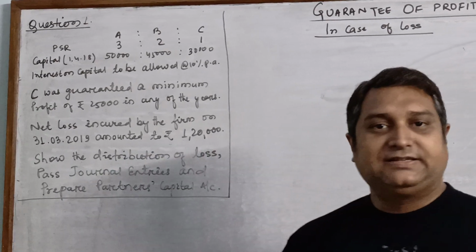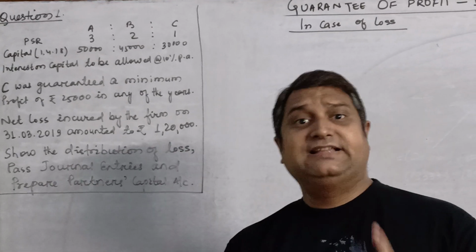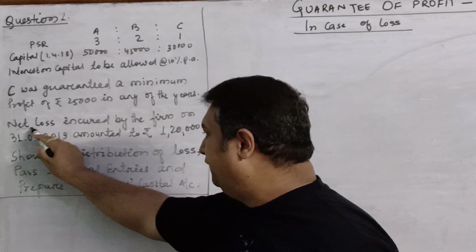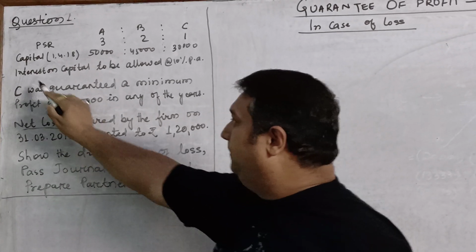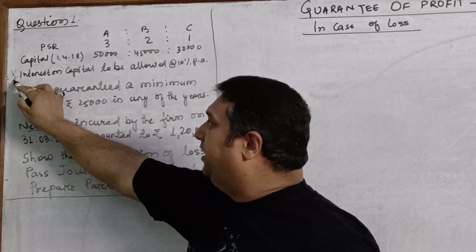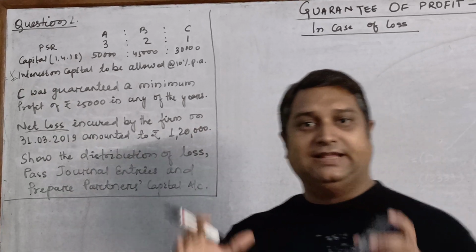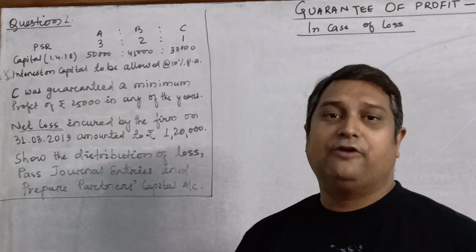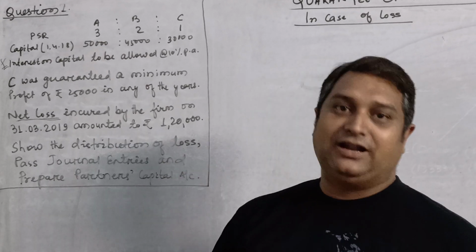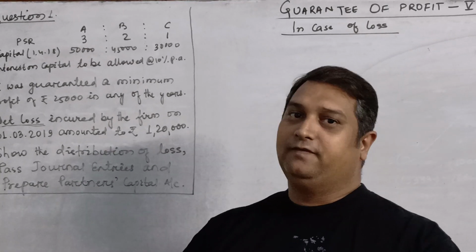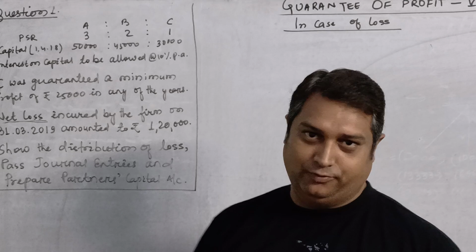A very simple understanding, children, over here. Since there is a net loss incurred by the firm, there will be no appropriation to be done. Interest on capital is an appropriation out of profit, and since there is a net loss with the firm, there will be no interest on capital allowed.